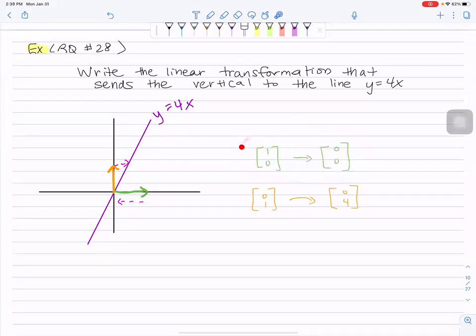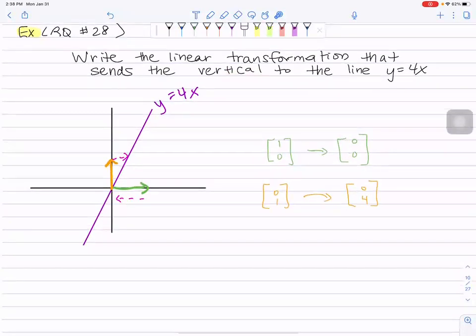Yes, so the green one, we're projecting to the vertical line y equals 4x. Here with the pink arrow, we want to project, as Noah said correctly, the 1, 0 vector all the way back to 0, 0. But what about this orange vector? Right now the orange vector is at 0, 1, and we want to move it over, meaning that it should still have the y value of 1.